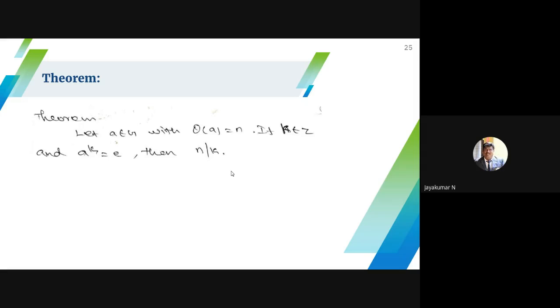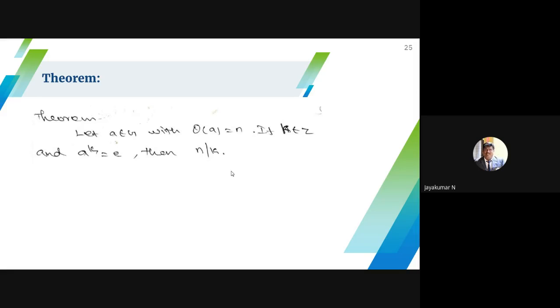That means A power n is E. Suppose some other integer K belongs to Z such that A power K is E, then definitely K is divisible by n. In other words, n divides K. Did you understand? This is the meaning.